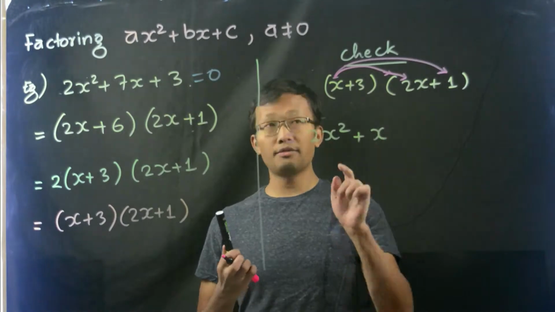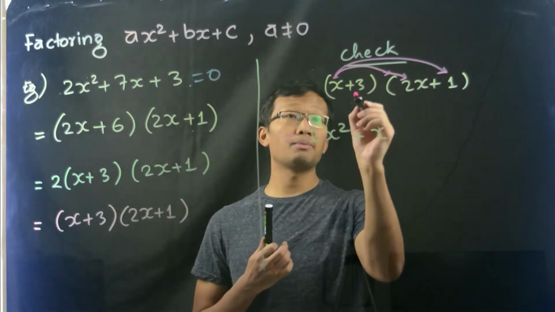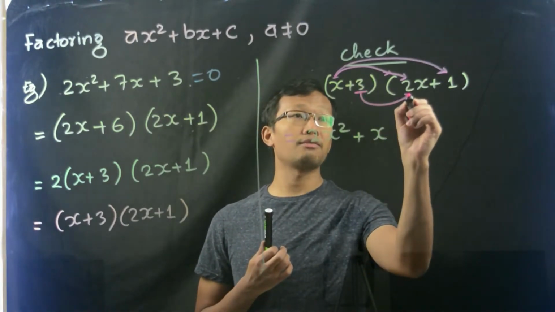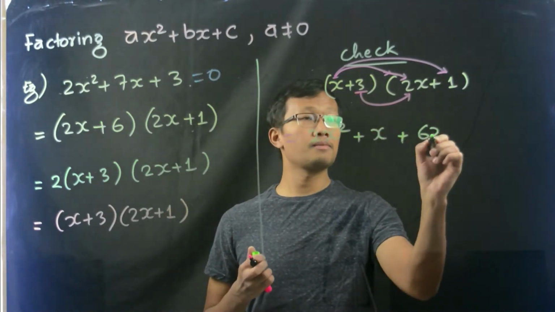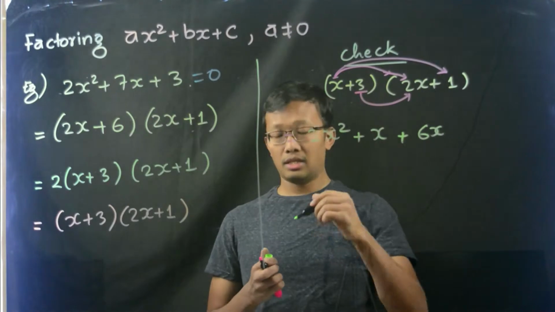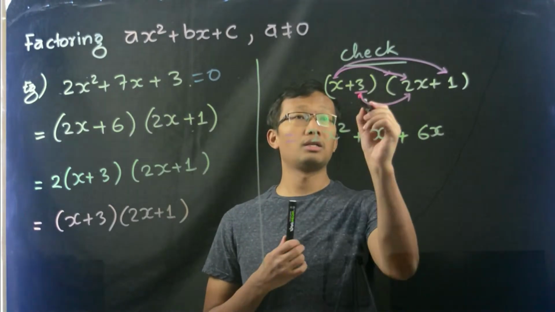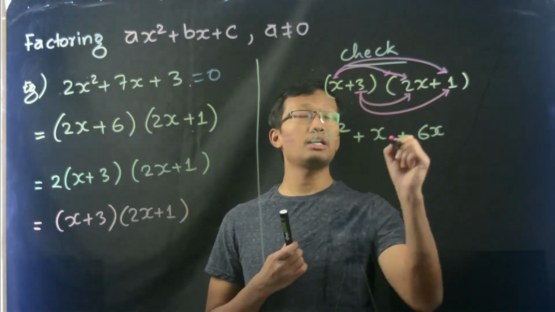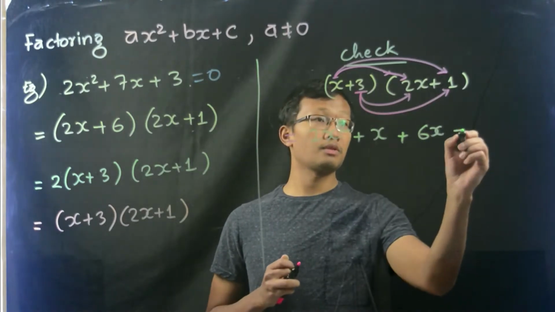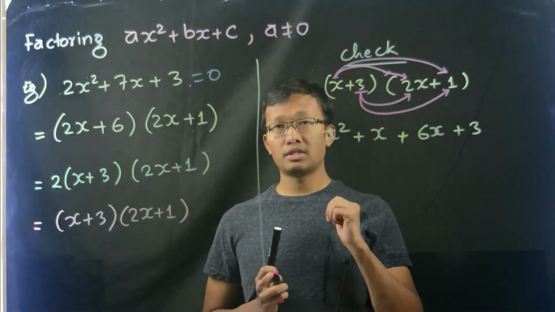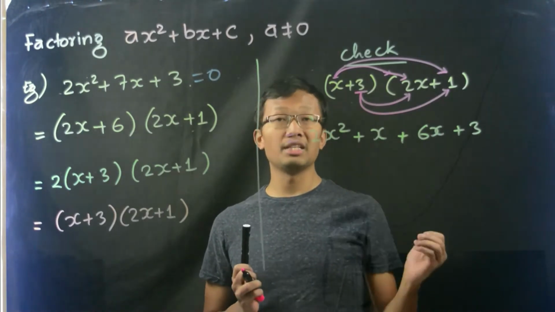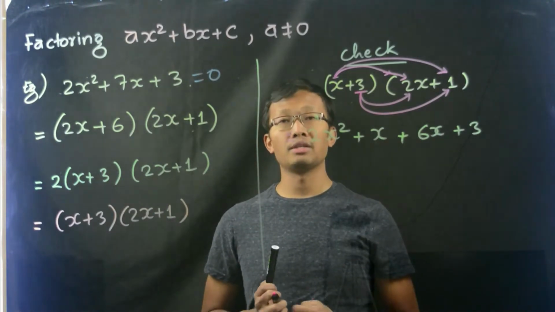Now it's the turn of 3. Let us multiply this 3 with 2x at first. 3 times 2x is 6x. 3 times 1 is 3. So that's plus 3. And don't forget to check your signs repeatedly. We might be confused with negative signs.